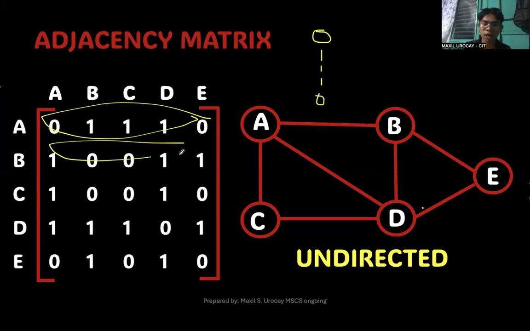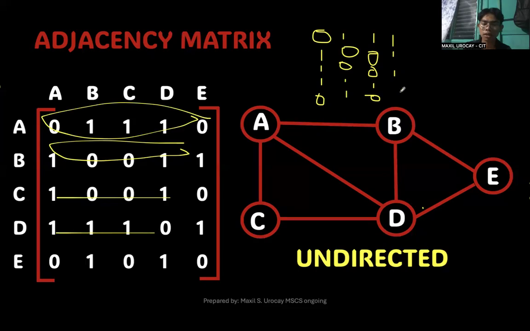Next, 1, 0, 1, 0, 0. Next is 1, 1, 0, 1, 0. Next is 1, 0, 1, 0, 1. And 0, 0, 1, 1, 0 for this one here.